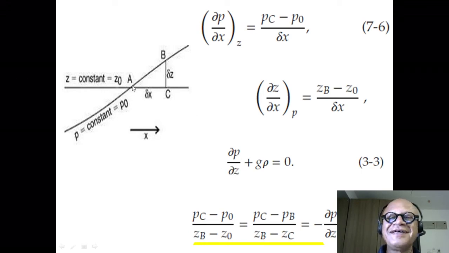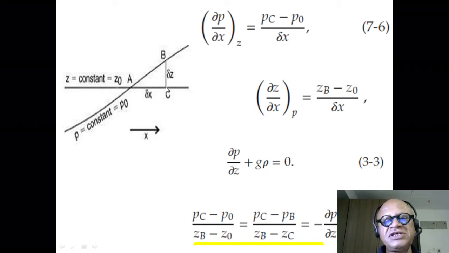Don't be confused, dp dz is delta p divided by delta z. So that's the same as pc minus pb divided by zb minus zc. Okay, so that's minus dp dz equals g rho. Make sure you understood it.